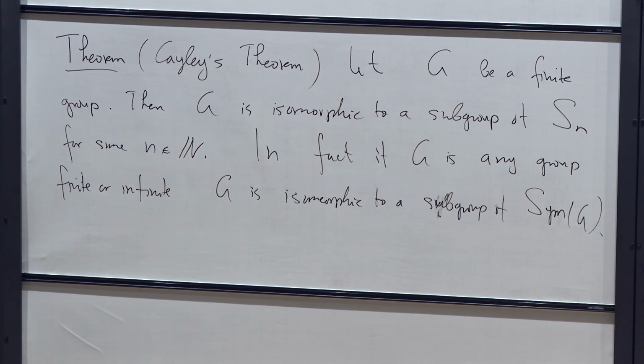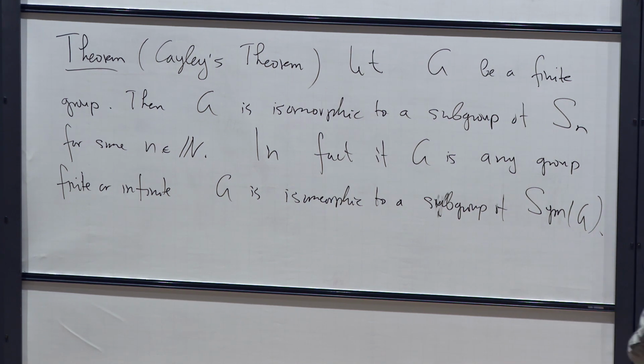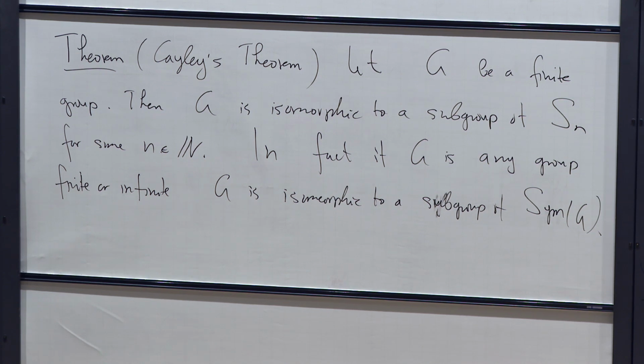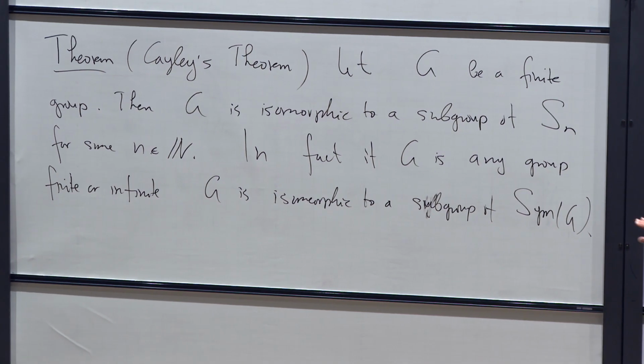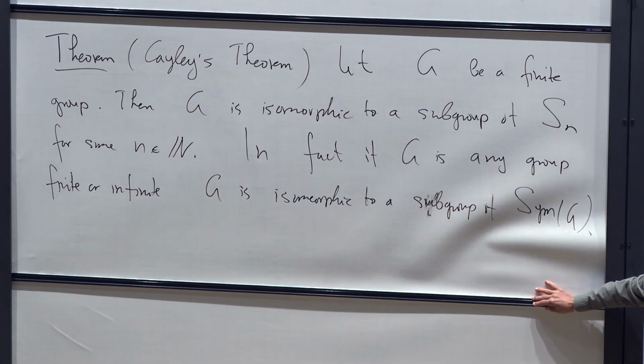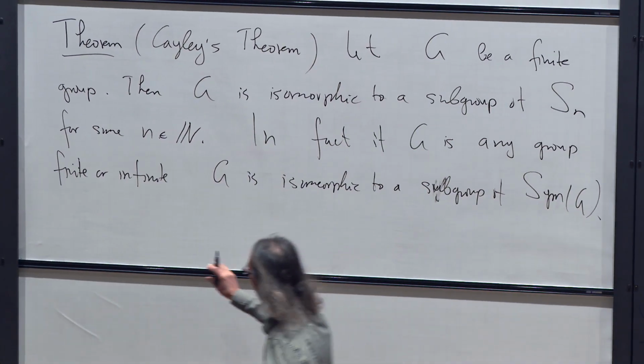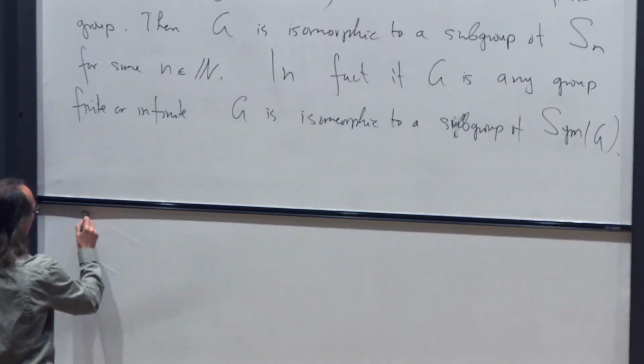So for infinite sets, the group of bijections of themselves is just too big to study. It's not very useful. This is rarely used if the group is infinite. Okay, but if it's finite, then of course we are talking about finite symmetric groups. Okay, so let's prove it.